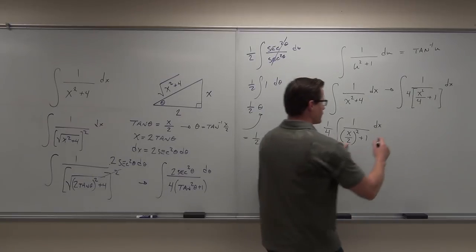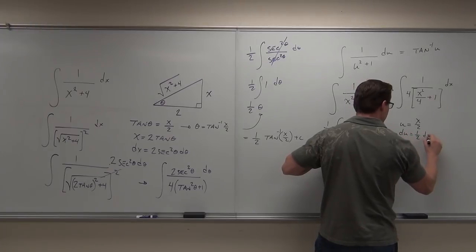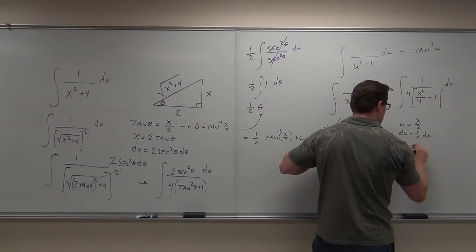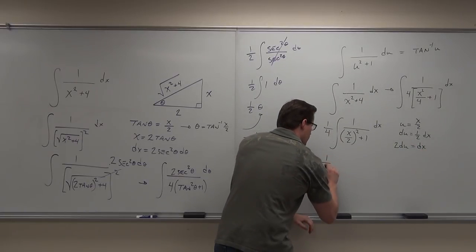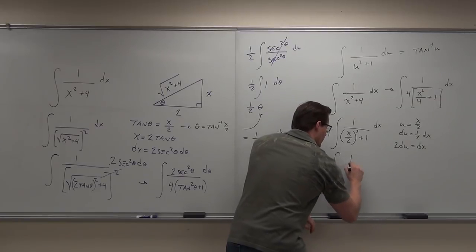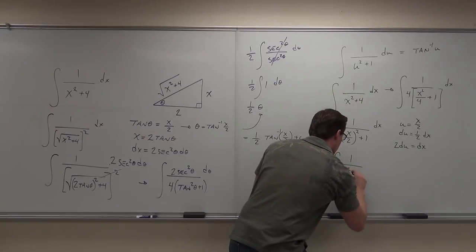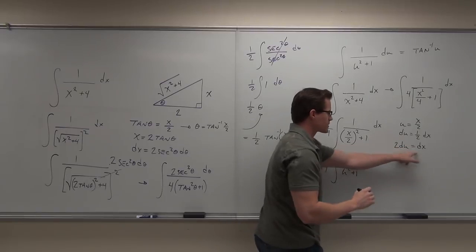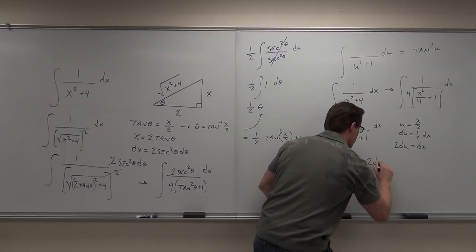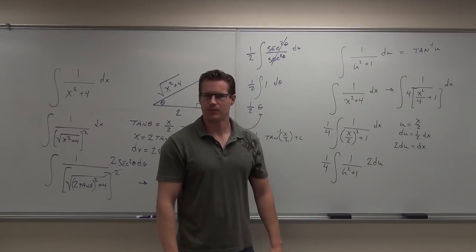Now you do just a basic u substitution. Basic. So u equals x over 2, du equals 1/2 dx, 2 du equals dx, and what we end up getting is 1/4 the integral 1 over, what's the x over 2 become? U. Yeah, u squared plus 1, and then we have 2 du. So instead of dx, we get our 2 du. Tell me next thing I'm going to do.